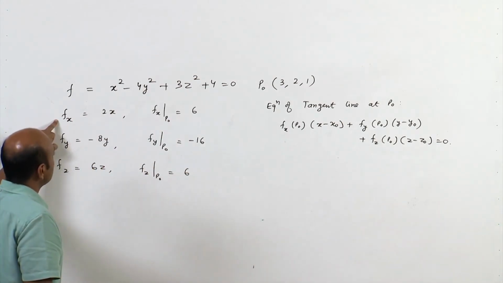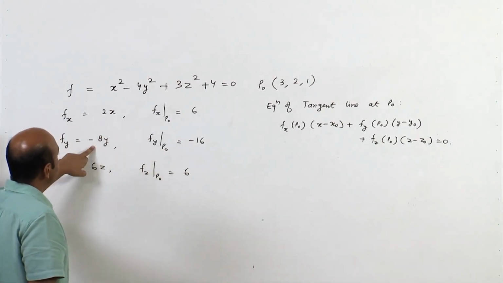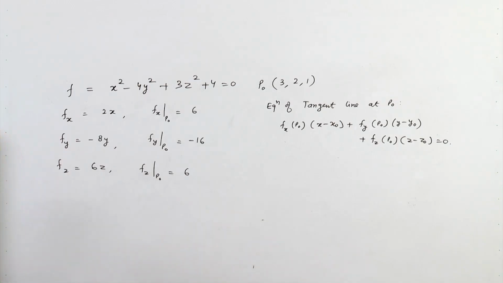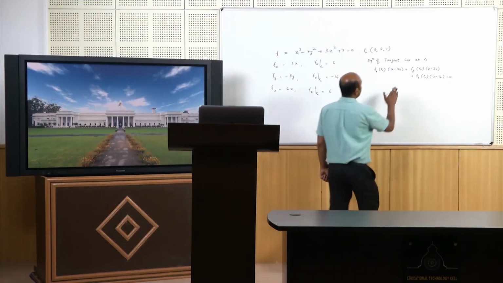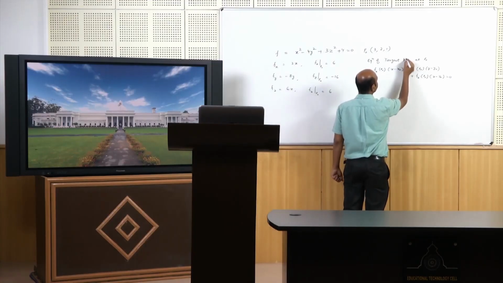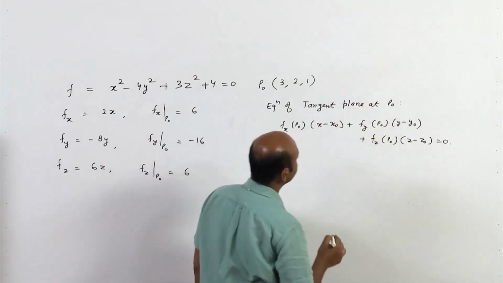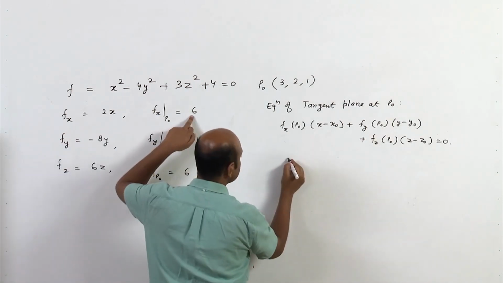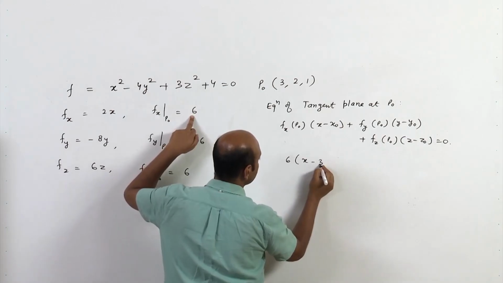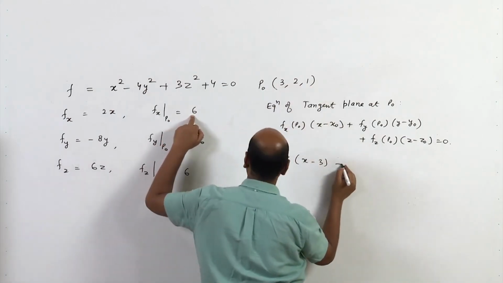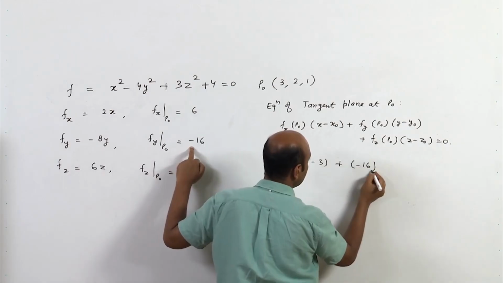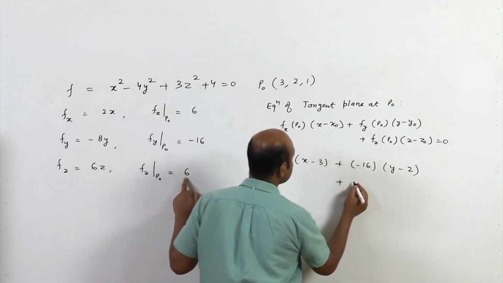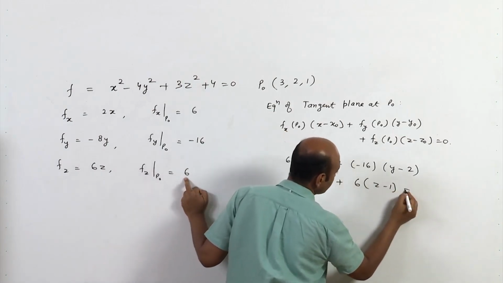What is fx? fx is 2x which is 6, fy is minus 8y which is minus 16, and fz is 6z which is 6. So, the equation of the tangent plane: fx at P naught is 6, x minus x naught is x minus 3, fy is minus 16, (y minus y naught), plus fz is 6 and (z minus 1) equal to 0.